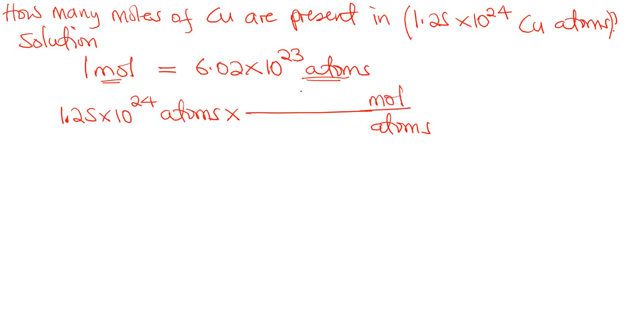In terms of mole, it goes with 1. In terms of atoms, it goes with 6.02 times 10 to the power 23. So when we multiply this, we find 2.08 mole, because atoms here will cancel with atoms there. And you can see that our answer is 3 significant figures, because our question here has 3 significant figures.